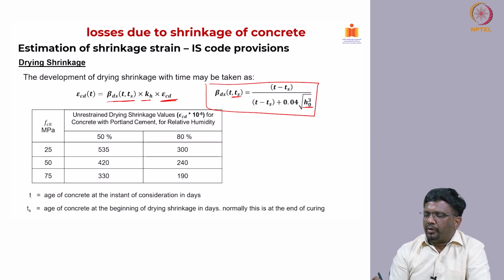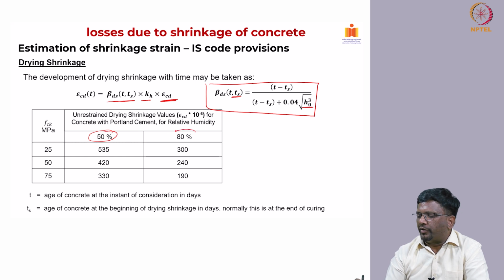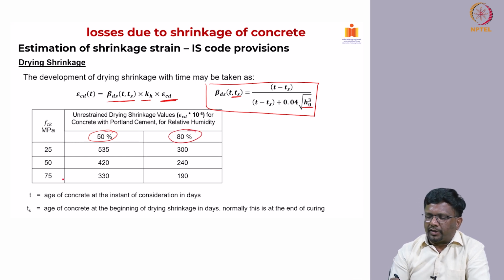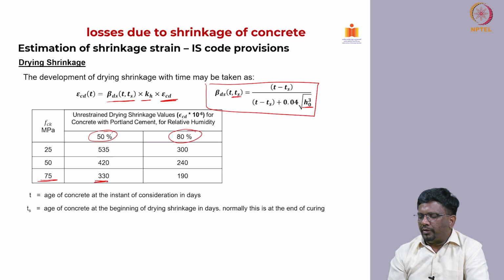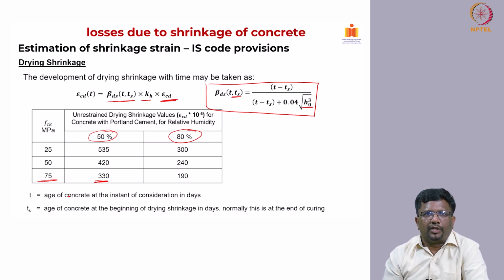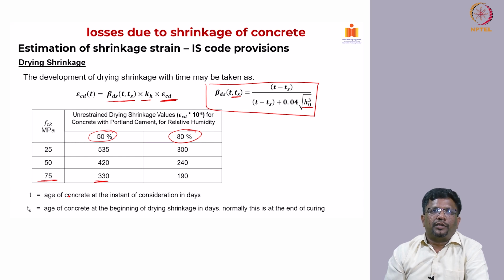Again, you have two types of things. One is for a dry climate, one is for a humid climate, and you can see that the higher the grade of concrete, here you can see it is lesser. Now, why do we say that the drying shrinkage is taken as a lower value compared to that of 25 megapascal?